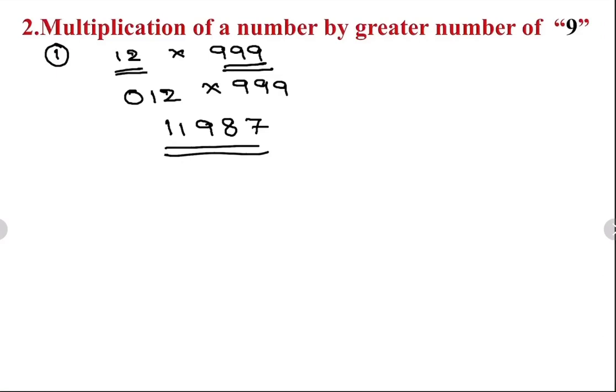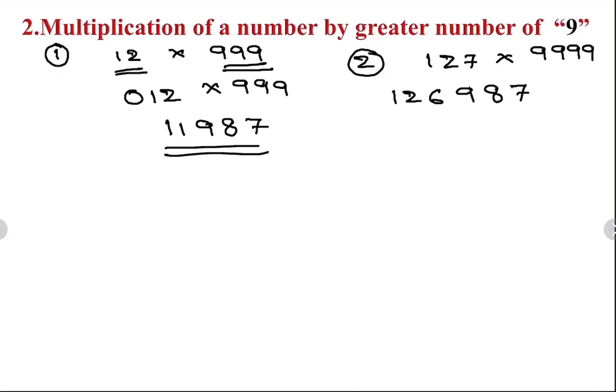If we go with another example, 127 is multiplied with 9999. This will become 126. 9 minus 0, 9. 9 minus 1, 8. 9 minus 2, 7. 9 minus 6, 3.